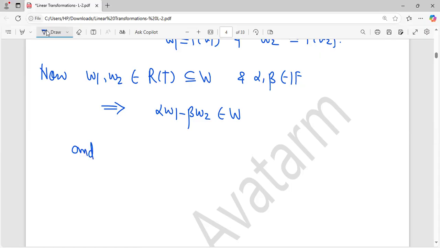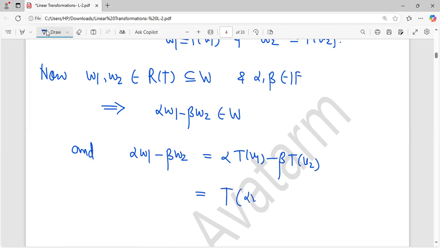And alpha w1 minus beta w2 is equal to alpha T(v1) minus beta T(v2). This is T(alpha v1 minus beta v2).